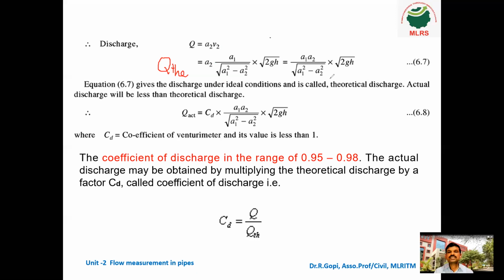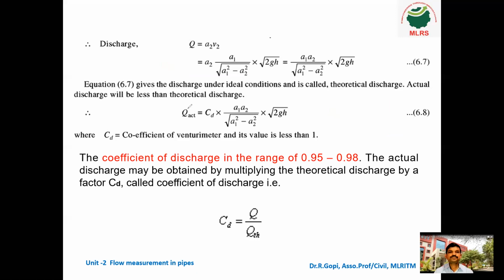So CD, the coefficient of discharge, is equal to Q actual divided by Q theoretical.